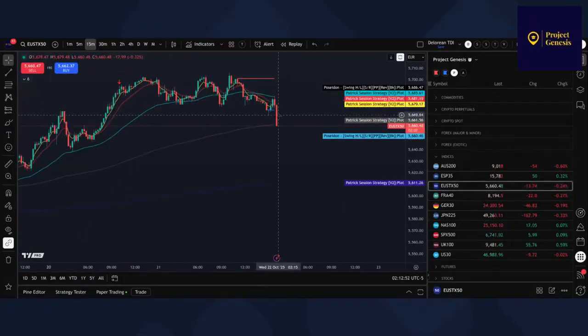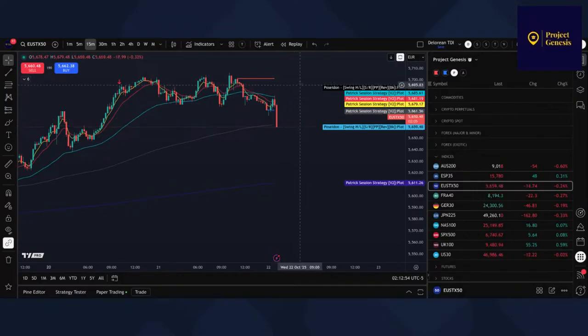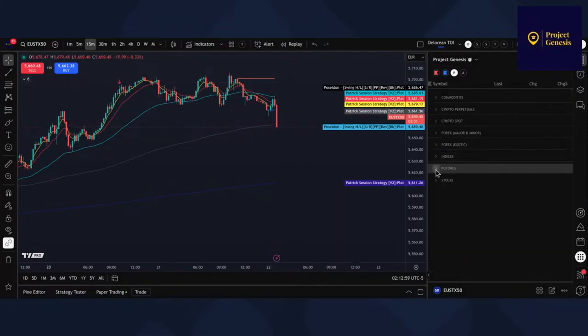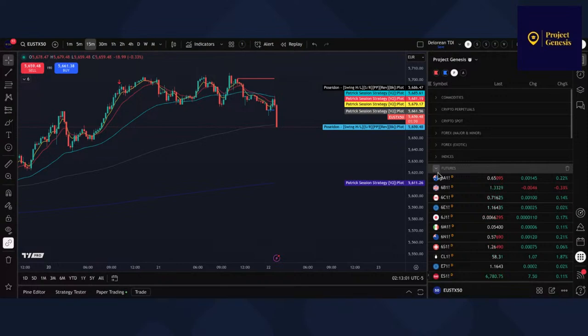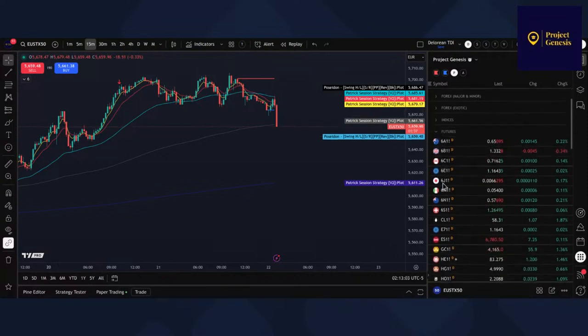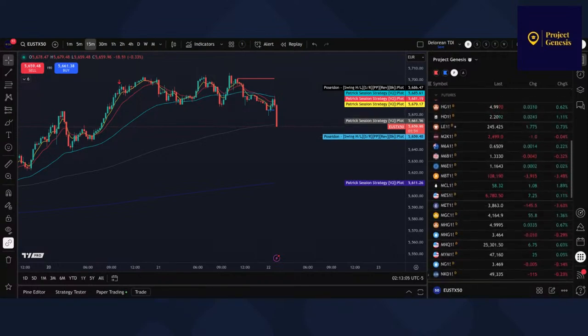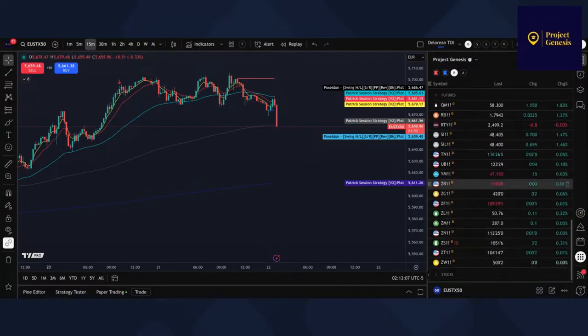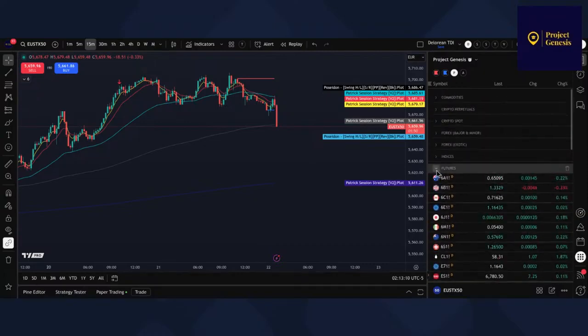Possibly a buy on Euro 50, but we'll see here. We need to cross those EMAs. Most of the futures are up for the day.